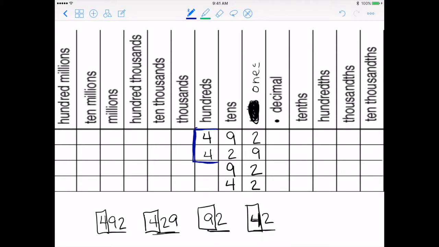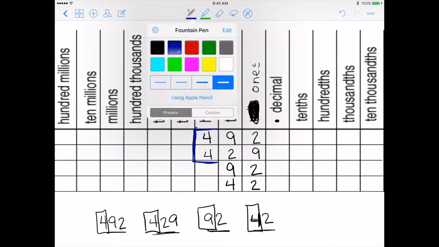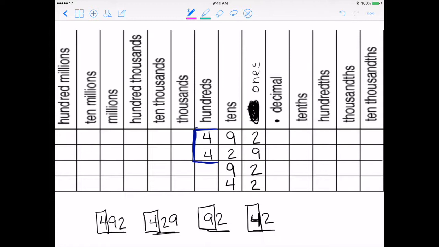However, when you look at the tens column, you have a 9 here, but you have only a 2 in the tens place in 429. Therefore, you know that 9 is greater than 2. So 492 is greater than 429.